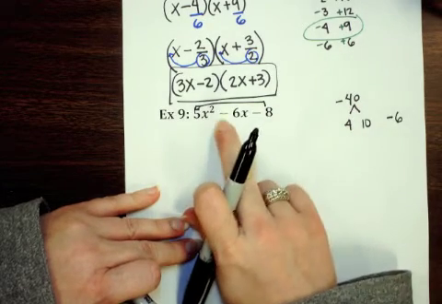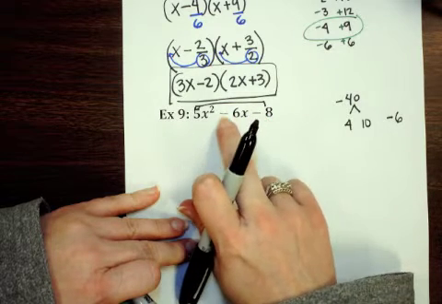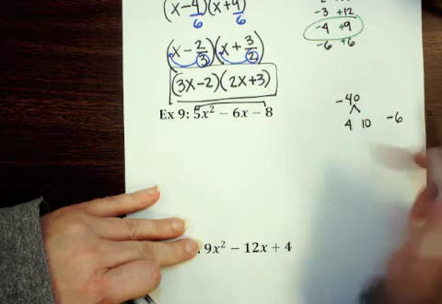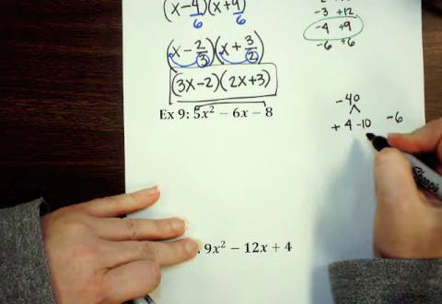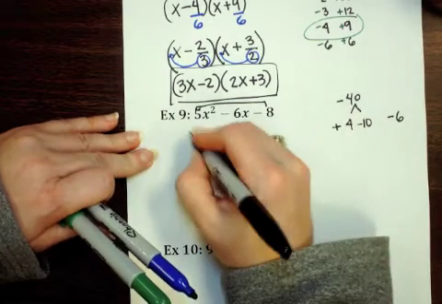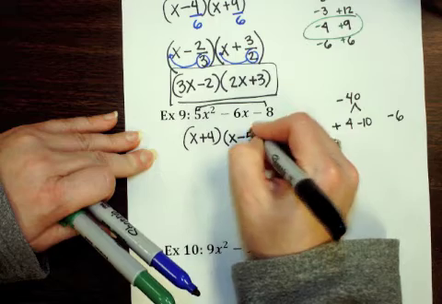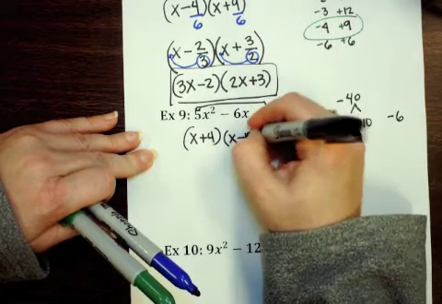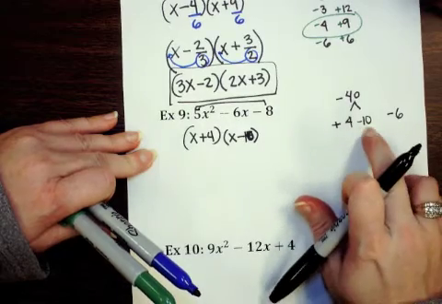How do I know which one gets the negative? So signs are different. You have more negatives. So that means the bigger number gets the minus and the smaller number gets the plus. So I write down x plus 4, x minus 10.